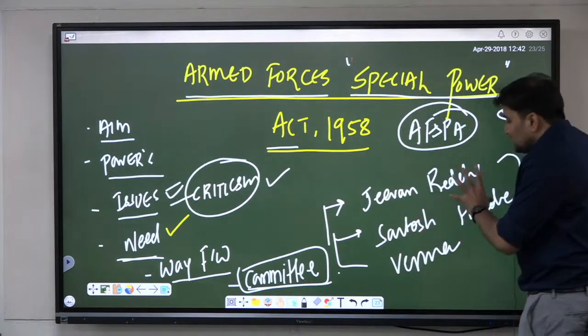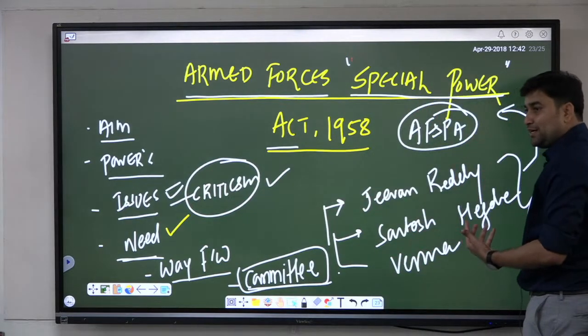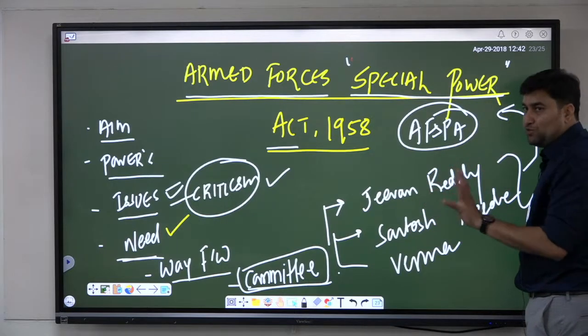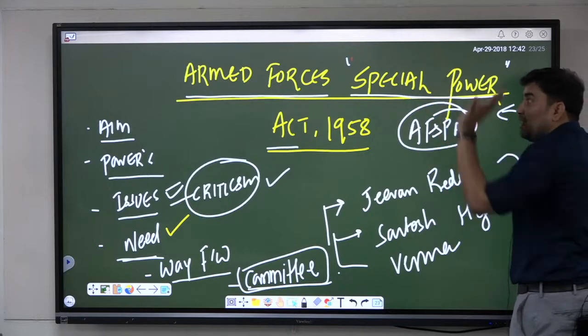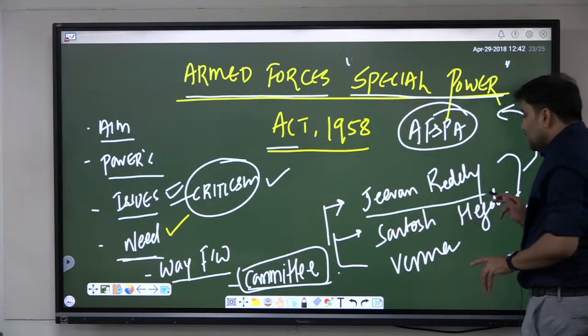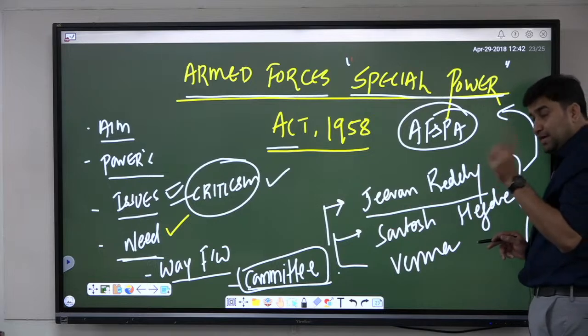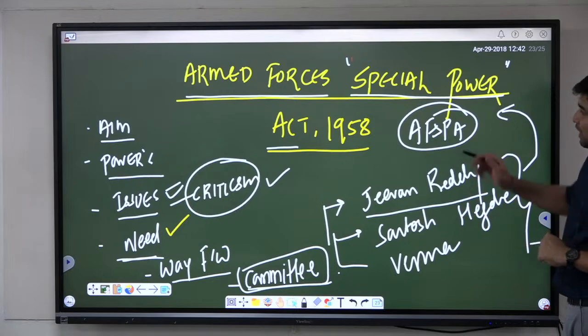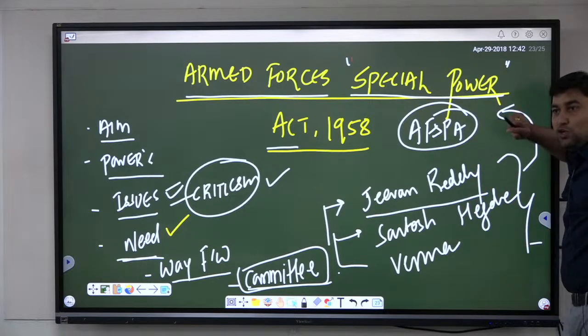And as per the studies, what we found is that whatever the allegations and issues are there, some of them are genuine. But that does not mean you should repeal AFSPA. So rather than that, this committee gave a recommendation which was very nice. What it said: rather than AFSPA, give more powers to the forces under UAPA, the Unlawful Activities Prevention Act 1967.